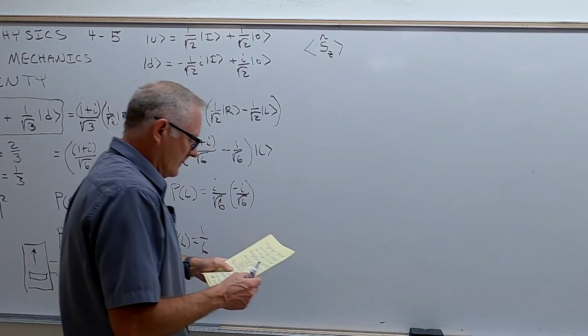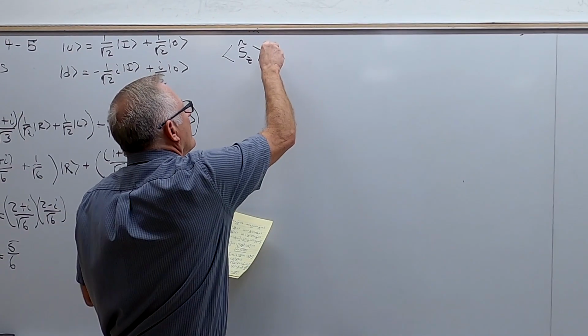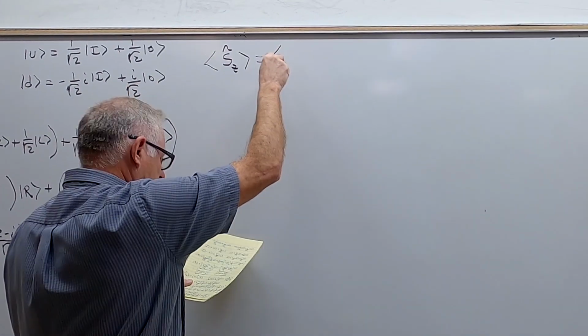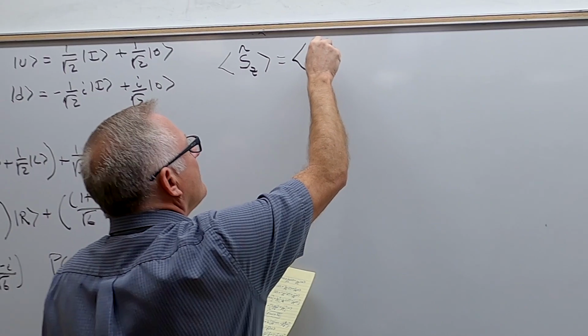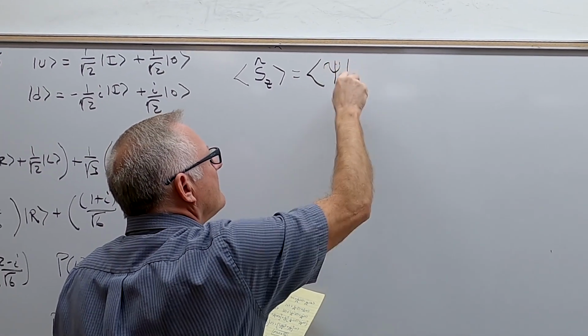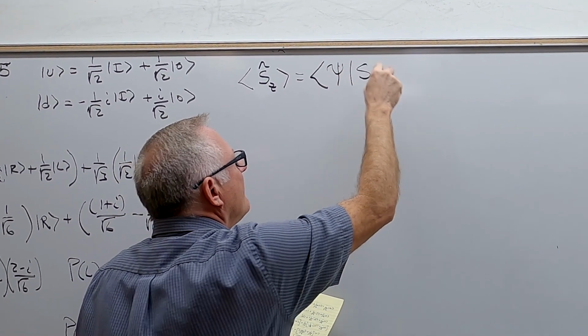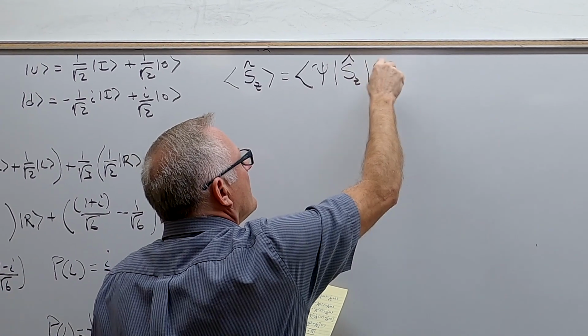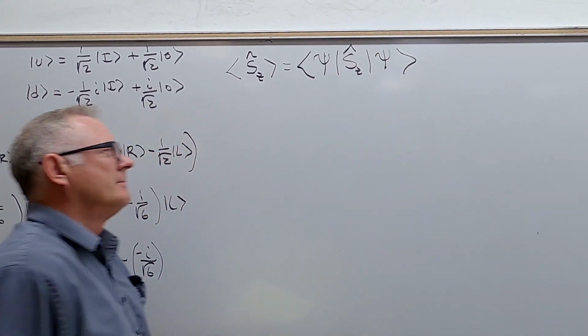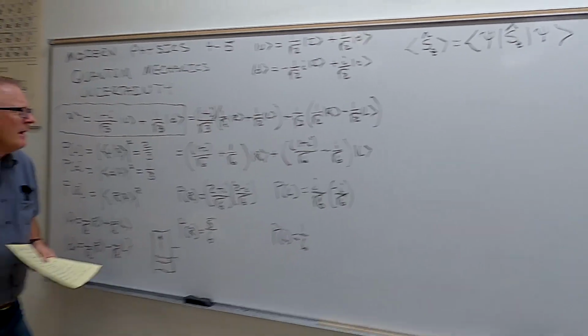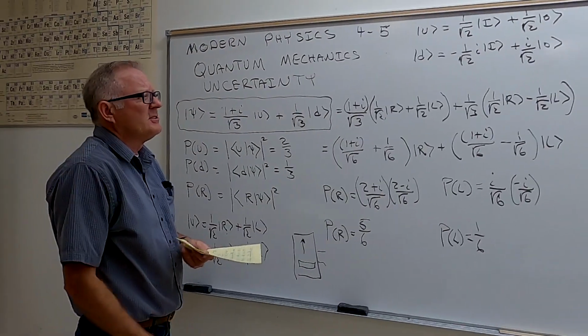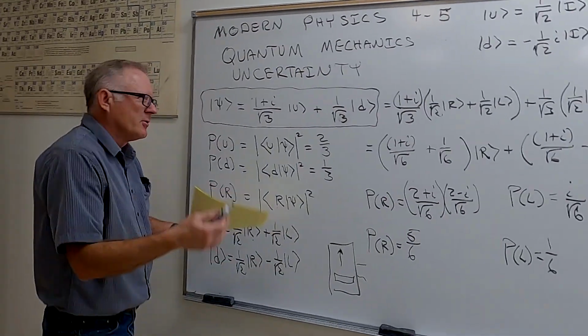Okay, so remember, we said this is a sandwich. It's psi, S sub Z, psi. Now, one way we could have done this is with matrices right here.